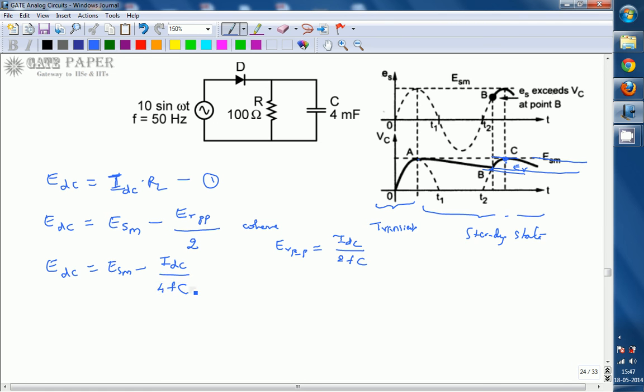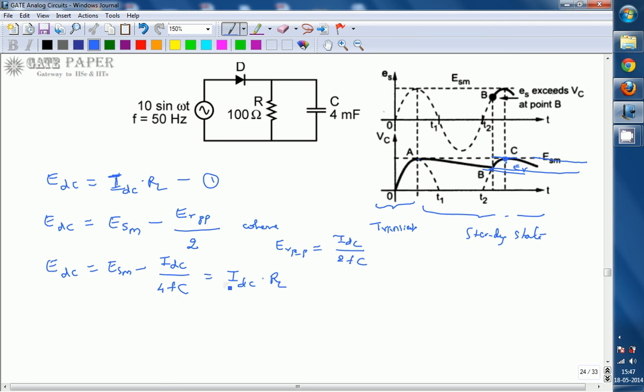This is the second equation. You can equate it with the first equation, where EDC is IDC into RL itself. IDC is the average current flowing through the diode. That is what we require.